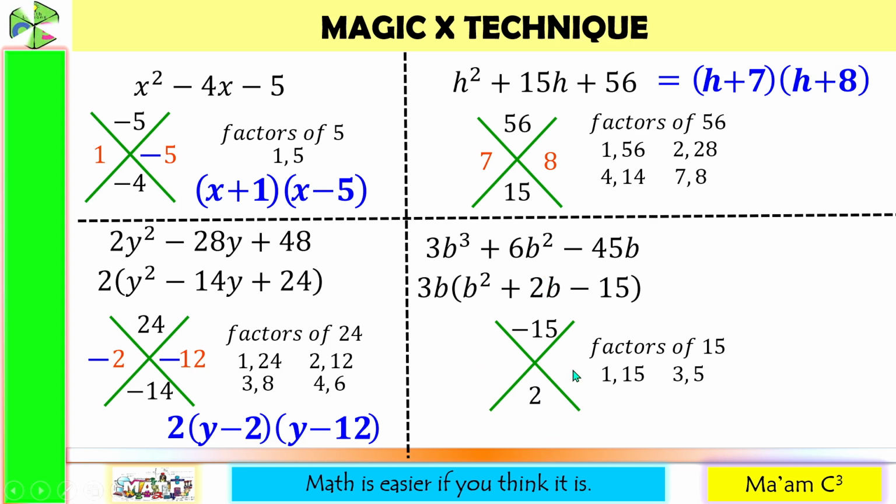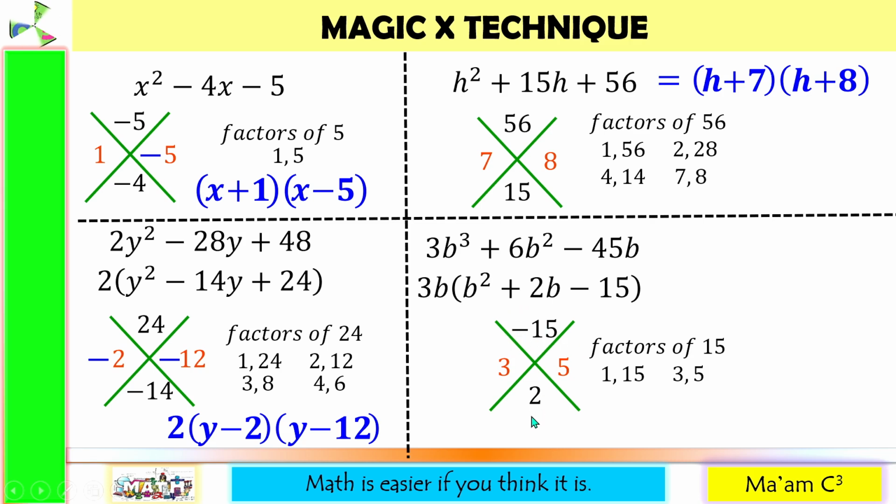For the factors, I'm going to choose one pair from this list. Which among these two will possibly give me a sum of 2? That is 3 and 5. Since my top number is negative, then the factors should be of different signs. One negative, one positive, to give you a product of negative.